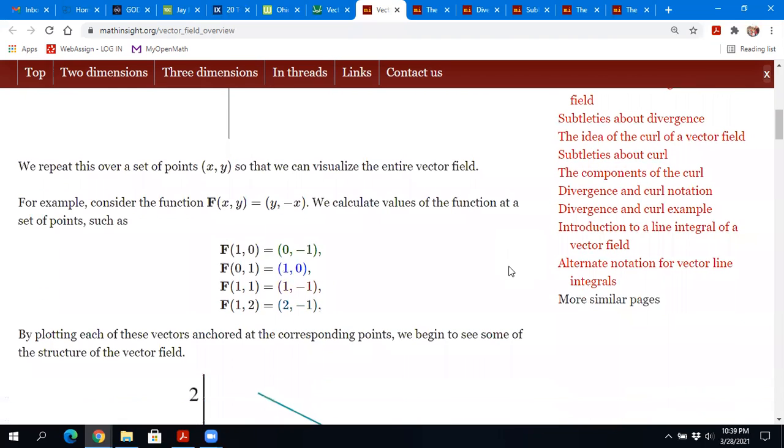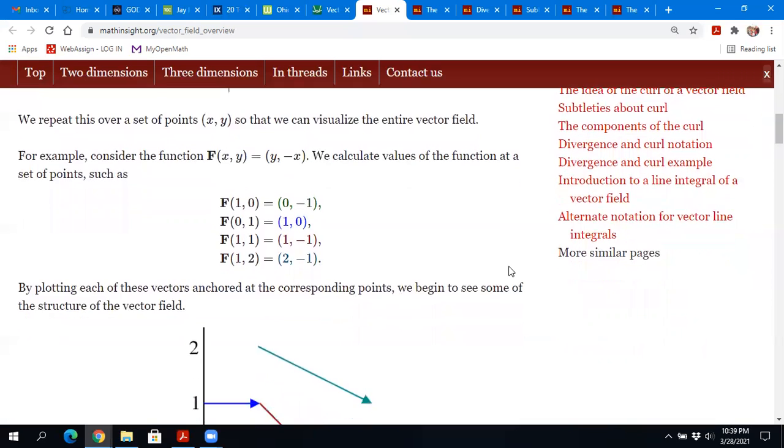So F of (1, 0): if you plug in (1, 0), this vector field says to swap x and y and negate the x coordinate as you do that. So F of (1, 0), you swap and negate the 1, so you get (0, -1).